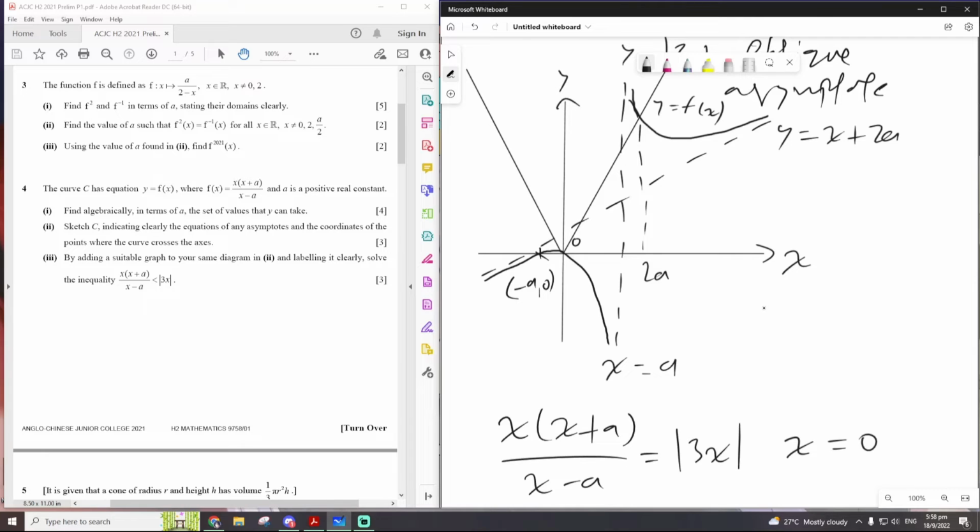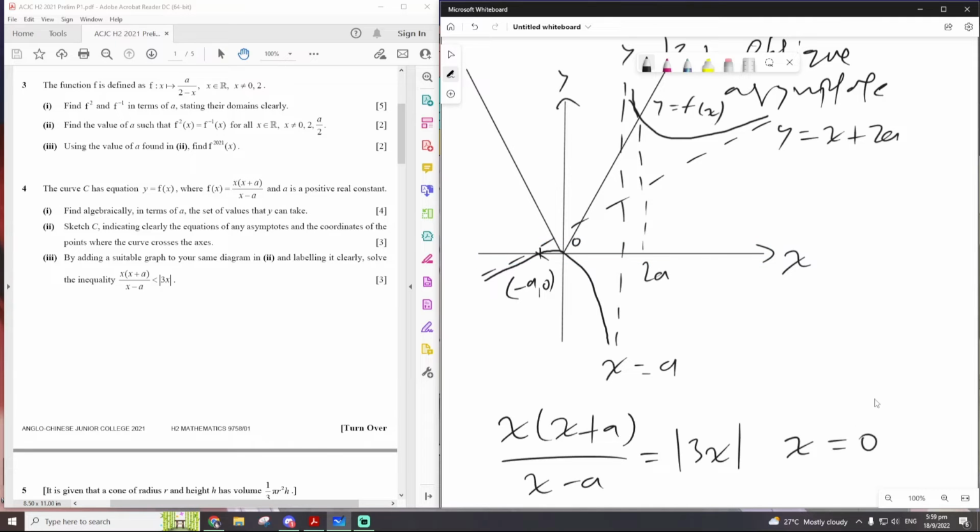Okay, and clearly you can see that for the curve to be less than the mod graph, x is going to be greater than 2a. But you can actually see that the mod graph is also more than this curve if x is between 0 and a itself, and it's also below if it's on this side. Okay, so by the sketch alone, we can tell that everything is going to be true except for a to 2a.